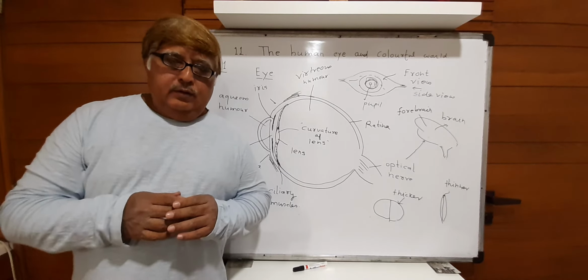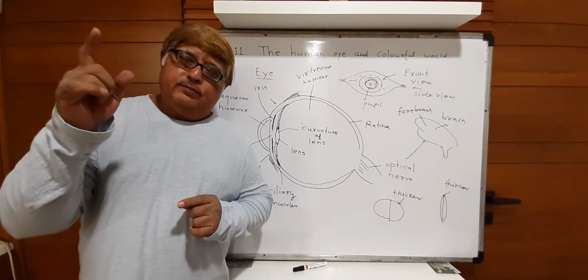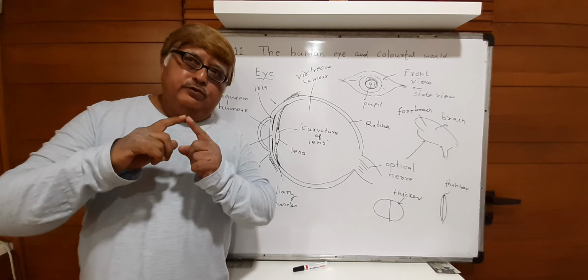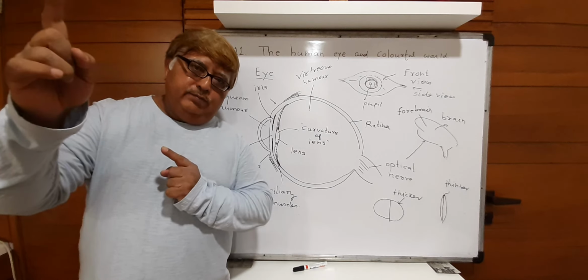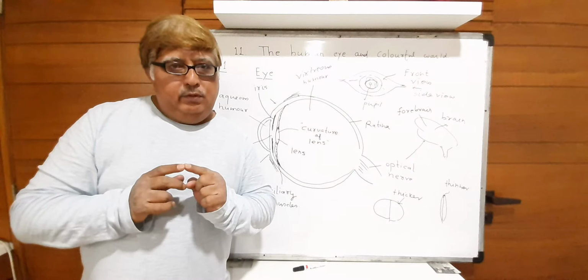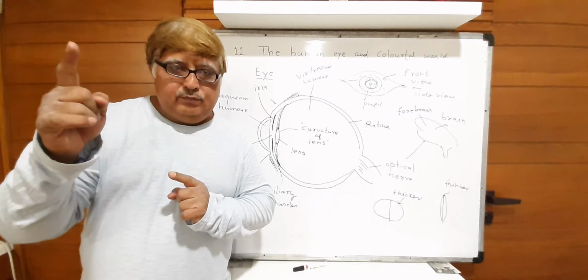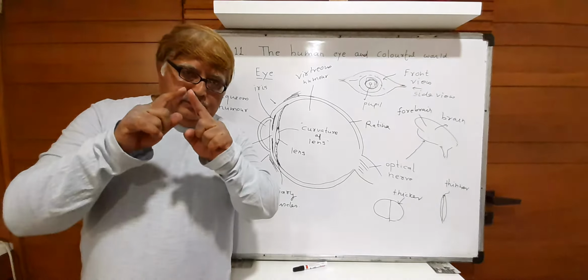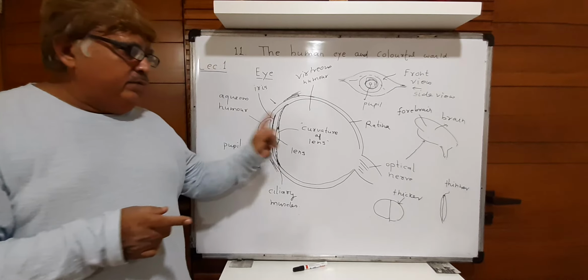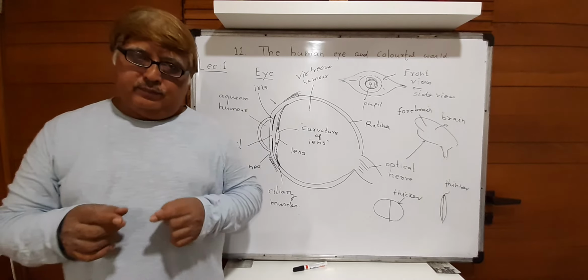Understand? When you want to see a distant object, far away, you have to increase the focal length of your lens. So your lens curvature has to be decreased. That is done by the ciliary muscle.